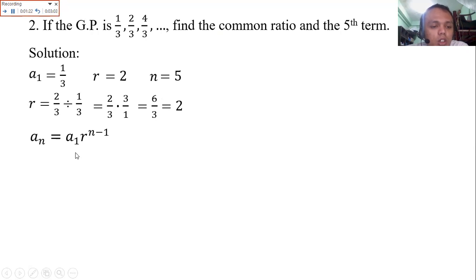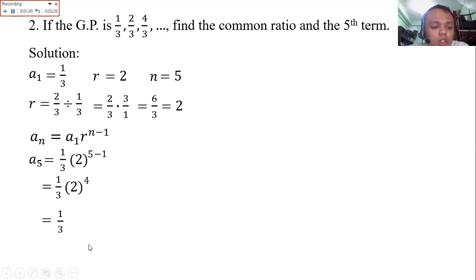Next, substitute to your general term. Your a sub n is a sub 5, equal to your a sub 1, which is 1/3, times your r, which is 2, raised to your n, which is 5 minus 1. Simplify: 5 minus 1 is 4. So you have 2 raised to 4.